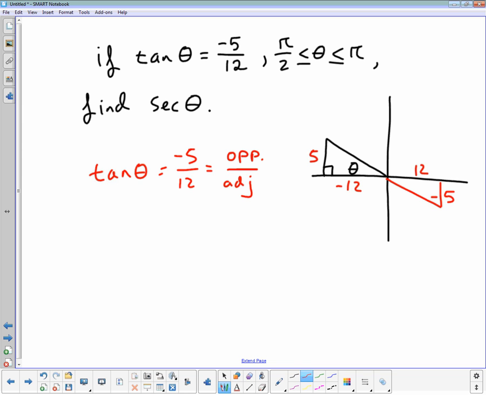And using the Pythagorean theorem, and I'm going to save us all the trouble, what is my hypotenuse? Thank you. So now my secant is 1 over cosine. Cosine is adjacent over hypotenuse. So now I want hypotenuse over adjacent.